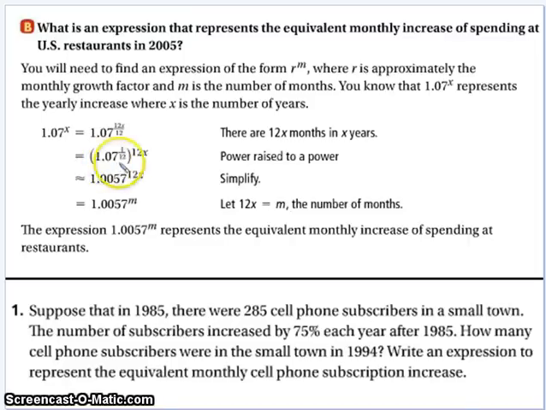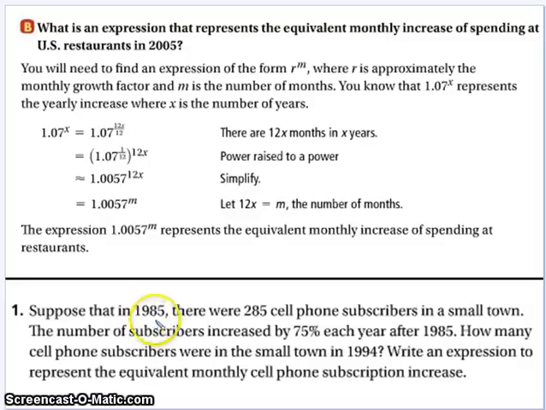We pull out 1.07 to the power of 1 over 12 to the 12x. That's the same thing. 1/12 times 12x is 12x over 12. That becomes 1.0057 to the 12x. And then we just simply replace this with the letter m for 1 month. So that is the expression that we would use to represent the monthly increase.